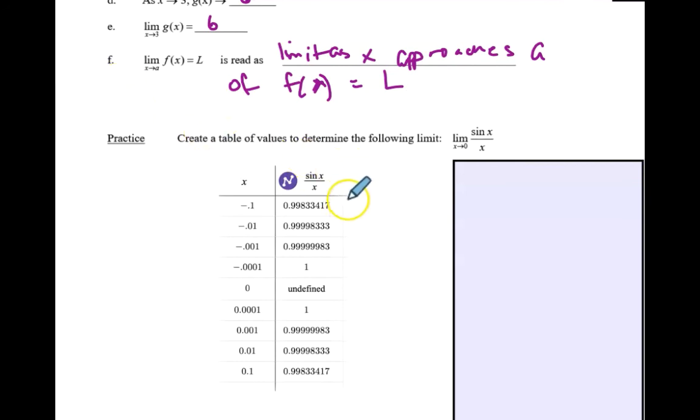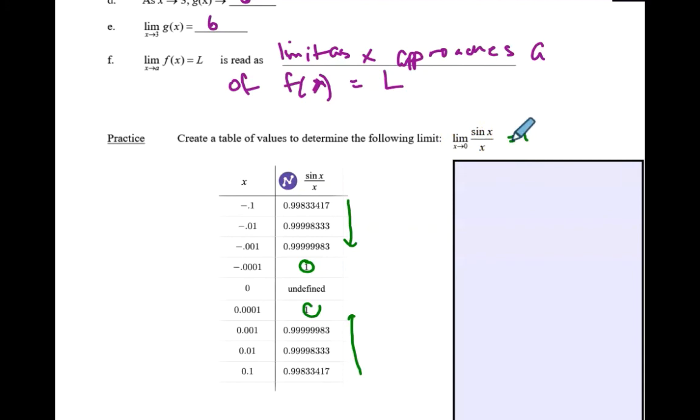So as I approach 0 from below 0, my y values are so close to 1 that it looks like they round to 1. And same from the positive side: as we approach x equals 0 from the positive side, we are also approaching 1. So that means the limit as x approaches 0 of the sine of x over x is equal to 1.